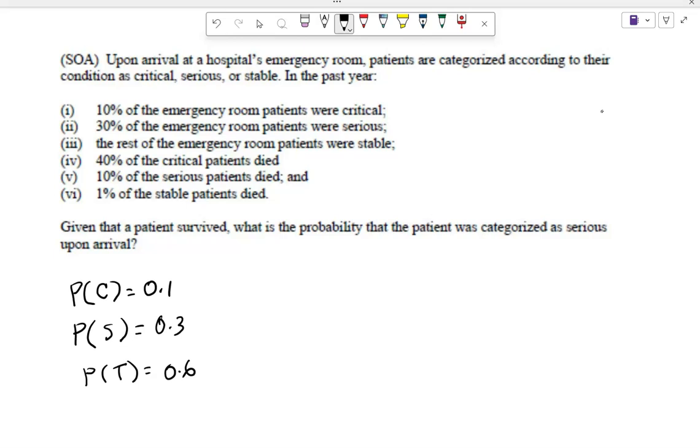How can we figure out, if I just selected somebody, what's the probability that someone survived? Well, I'm given some information about the probability that they died, right? Okay. So what would be the probability that someone died? I'll just write died as a D, okay?